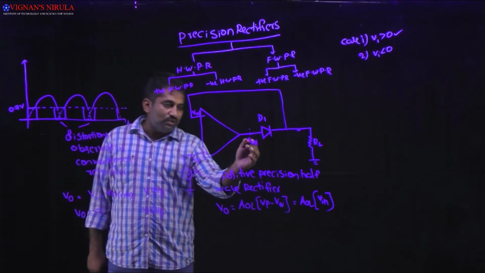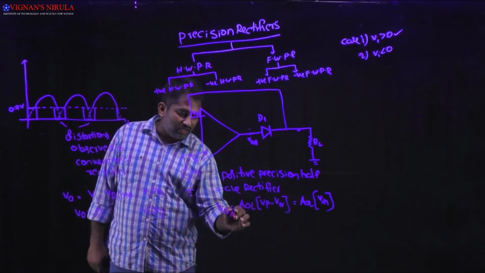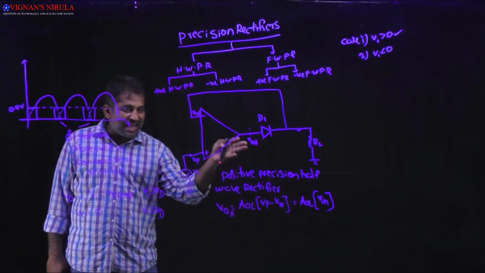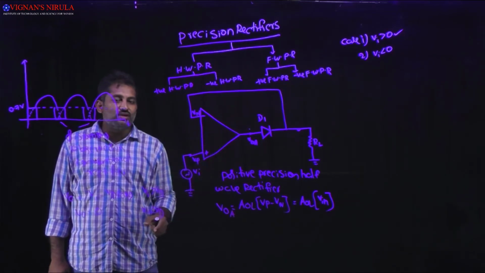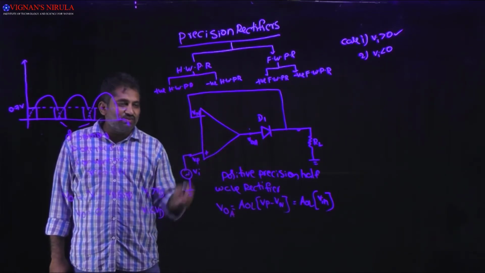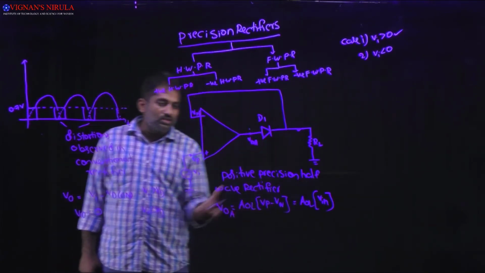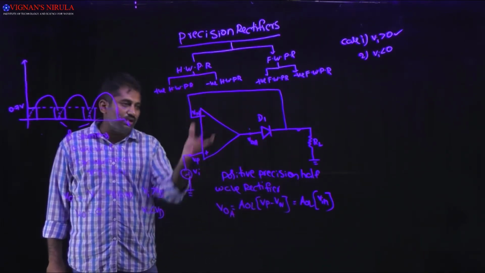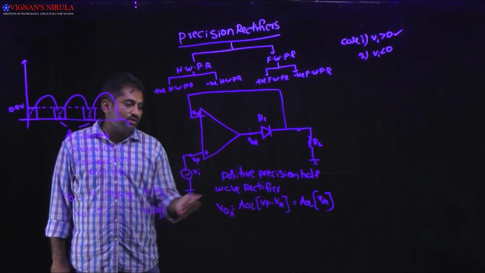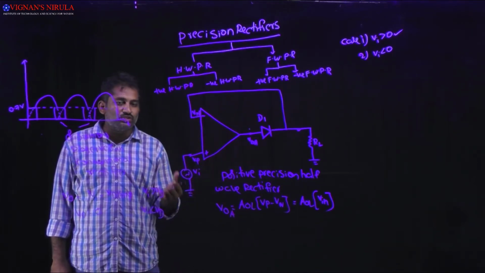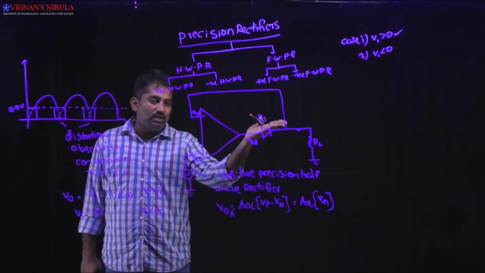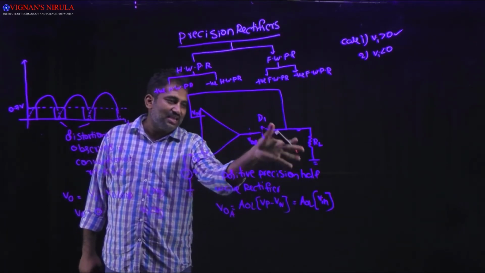So V0A will be equal to A0L into Vin, which is enough to drive D1. In this case D1 acts as a switch. Why? Because it is forward biased. The diode is connected like that, and A0L into Vin is a positive value, so it acts as a closed switch.